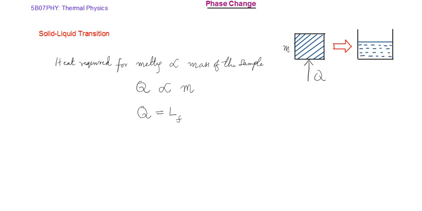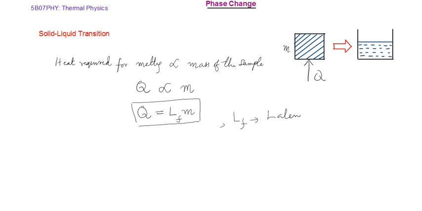F stands for fusion, L_F into M. So Q is equal to L_F times M. That is the equation, where this L_F is the quantity known as the latent heat of fusion.